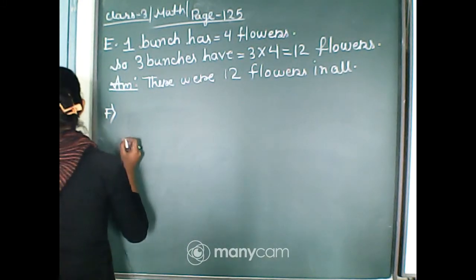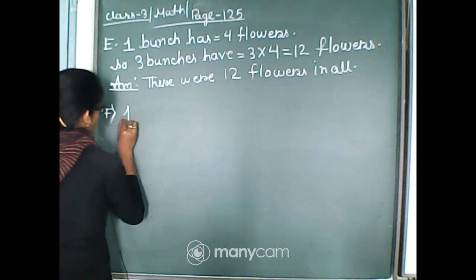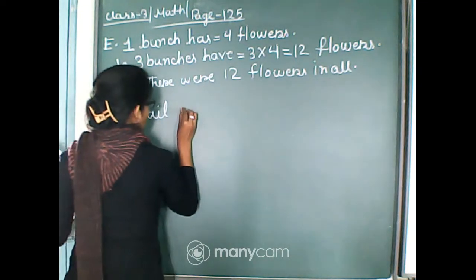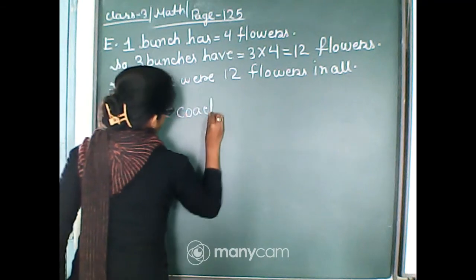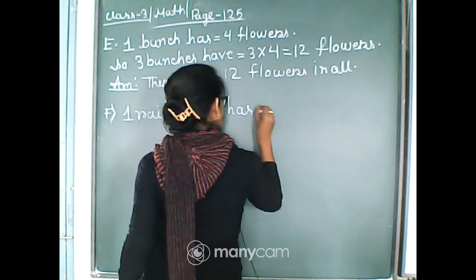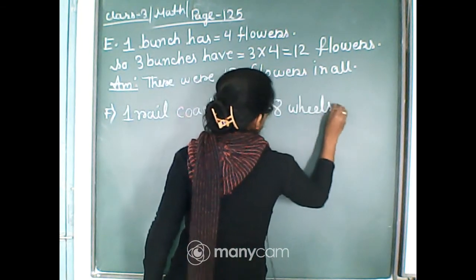So you can write down that one rail coach has 8 wheels.